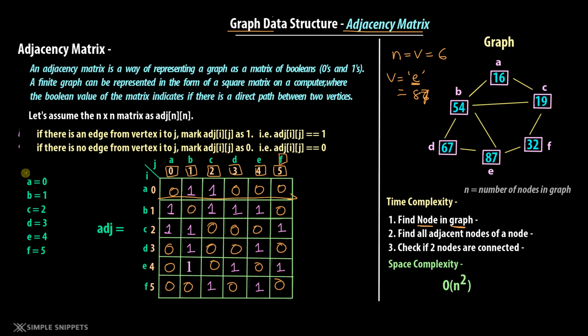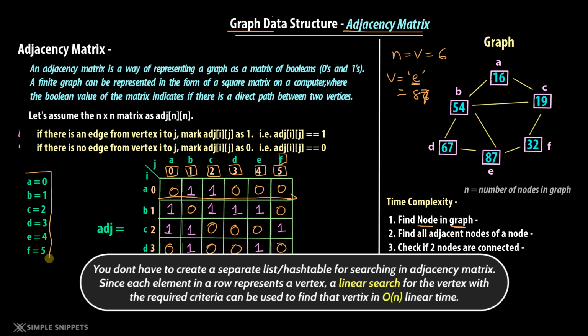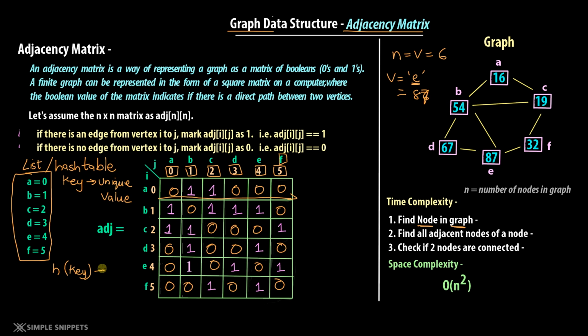For that, you can create a separate list or a hash table. I know we've not talked about hash tables so far in this DSA playlist, but we will talk about it in the future. Basically a hash table is another data structure where you pass a key and you get a unique value. So h of key will give you a value.